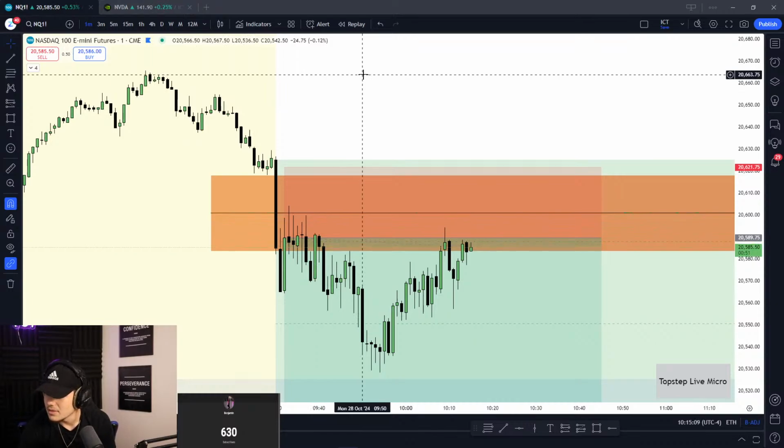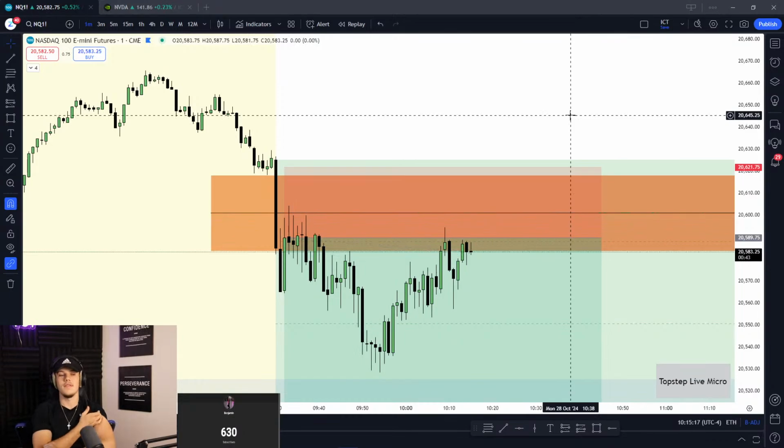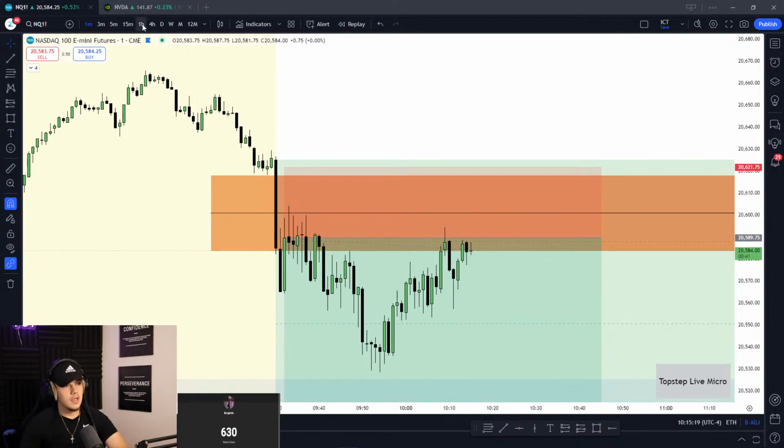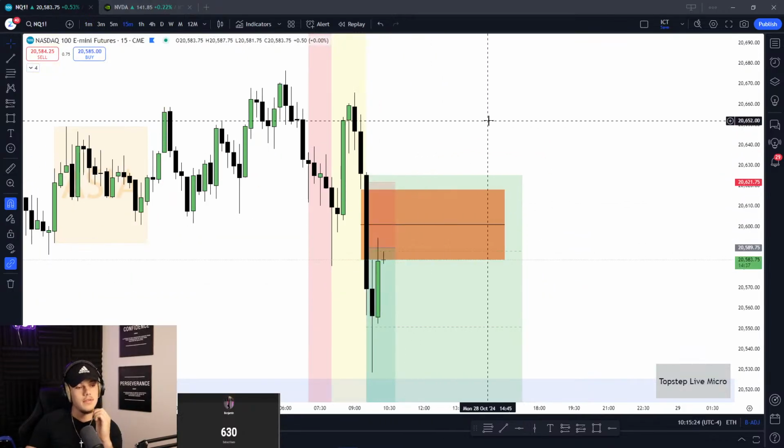It's okay. Price forms consolidation at equilibrium. Yeah, we are slowing down, right? Which is a good look. We formed a lower high in the 15-minute SIBI, so I'm gonna take my eyes off the 1-minute and just keep my eyes on the 15-minute.